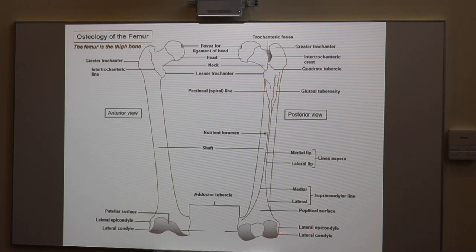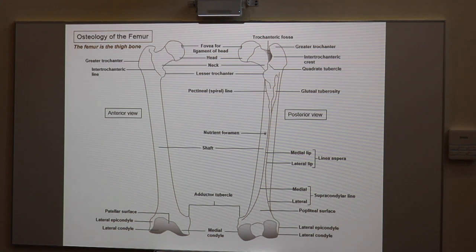Above the condyles there are also the epicondyles, like the epicondyles in the humerus. You have the lateral epicondyle and the medial epicondyle on the medial side.